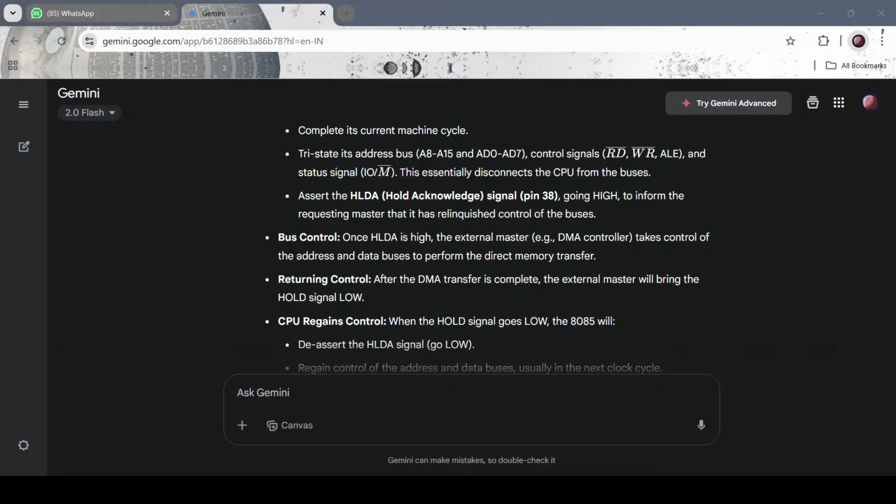System bus. Yeah, system bus. It is just wires connecting the memory and input output to the microprocessor. So the system bus, we have already discussed, was divided into address bus, data bus, control bus.